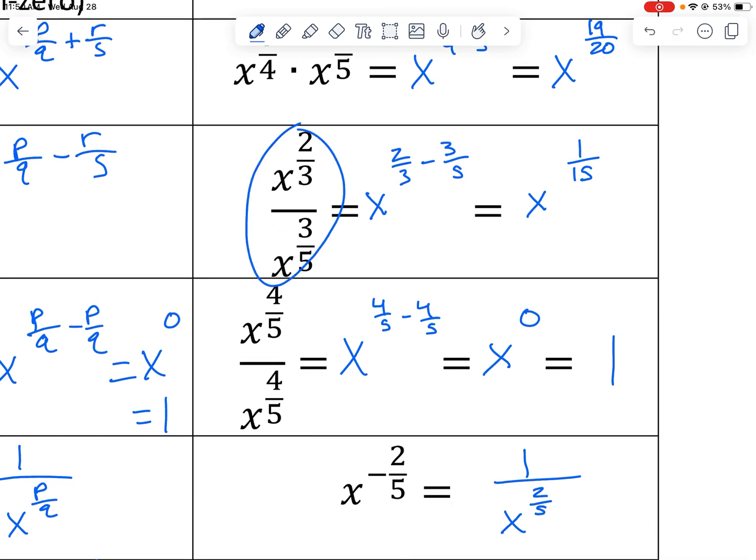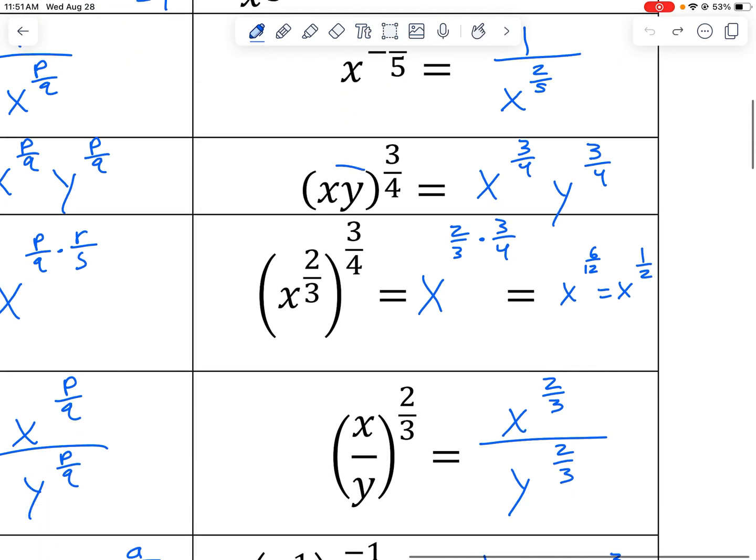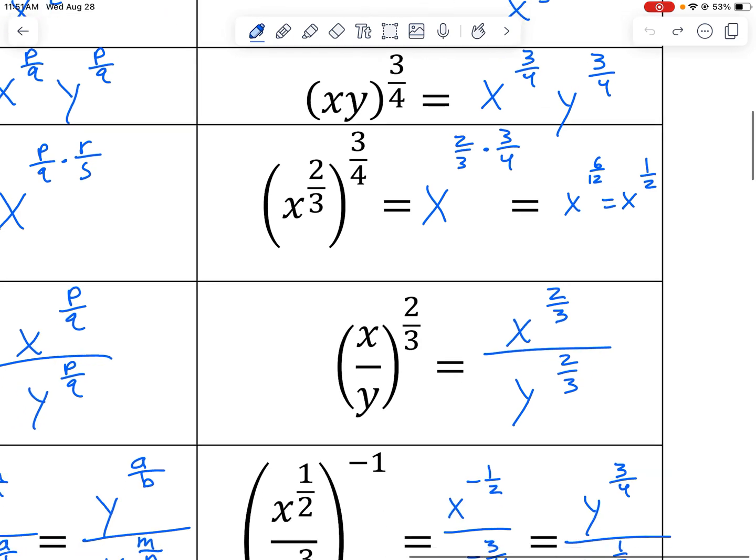If you have things dividing, you're going to subtract their exponents. If they're the same thing, you get an exponent of 0, which means you're going to get 1. If you have a negative exponent, it ends up in the denominator. If you have two things to the same exponent, they both get the exponent. If you have an exponent to another exponent, you multiply them together, and when you're multiplying fractions, you multiply across the top and across the bottom, and then you simplify the exponent as well as you can.